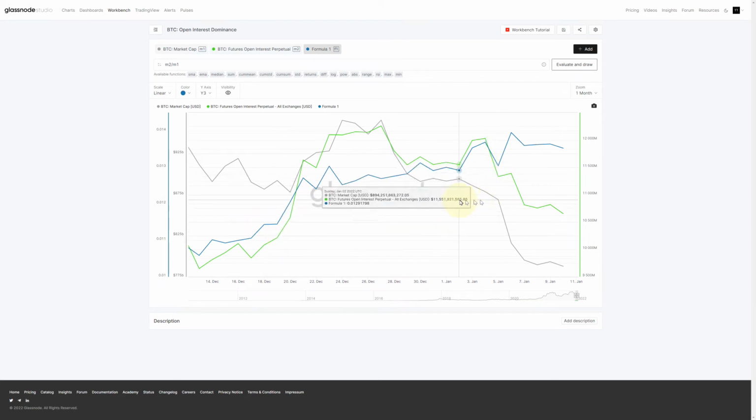So let's take a look at what happens. Let's start over here, right about over here. So here on January the 5th, you have market cap dropping down towards January the 5th. As market cap dropped, you have the open interest going up, right?